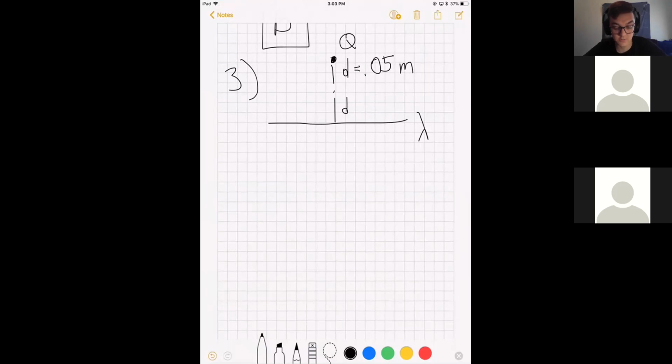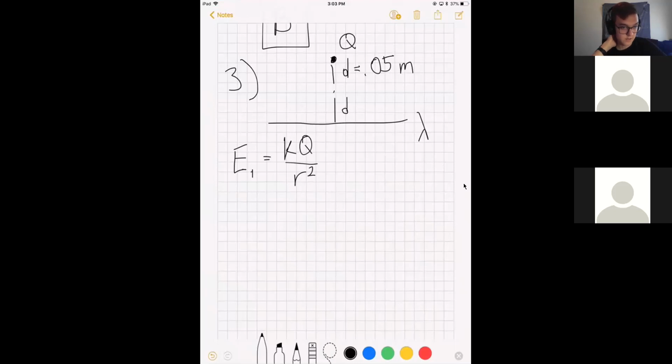Now all we have to do is figure out the conditions we're looking for. We're told that the net E field at the point in between these two, the dot that I have, is 0. So let's describe the E field for both of them. I'll call the E field of the point charge E1, and that's equal to K times big Q divided by R squared.